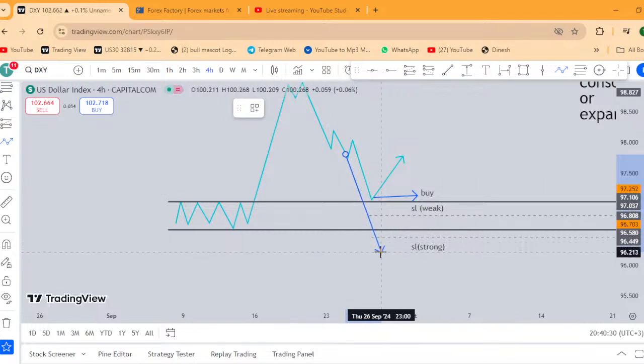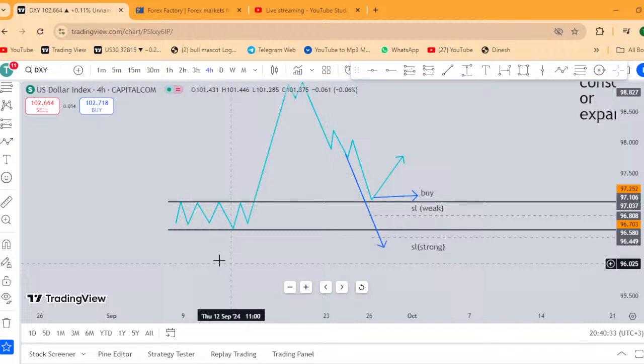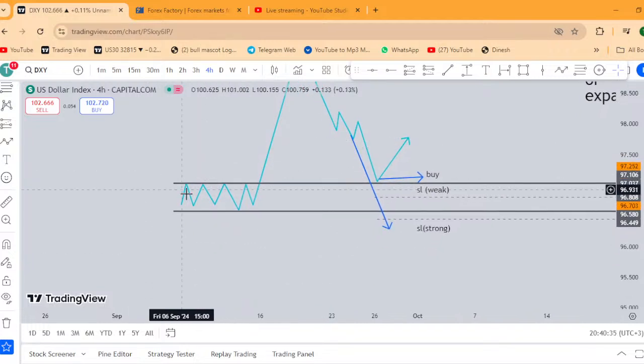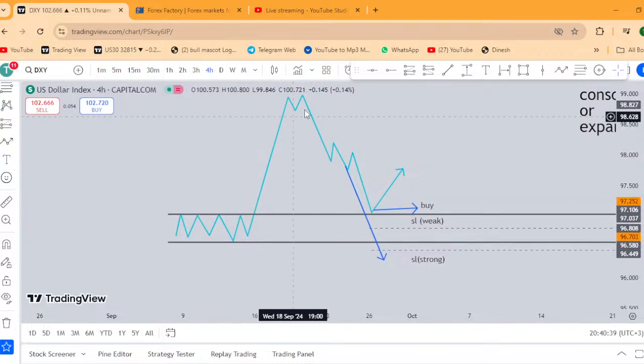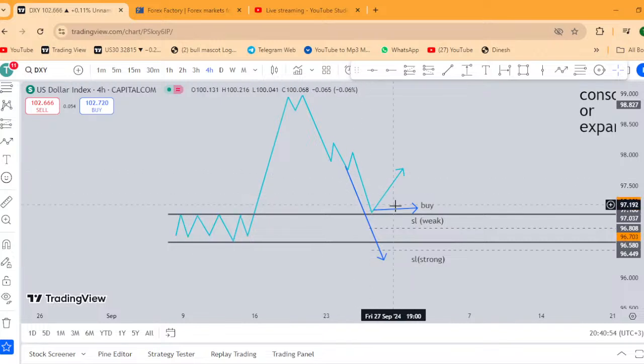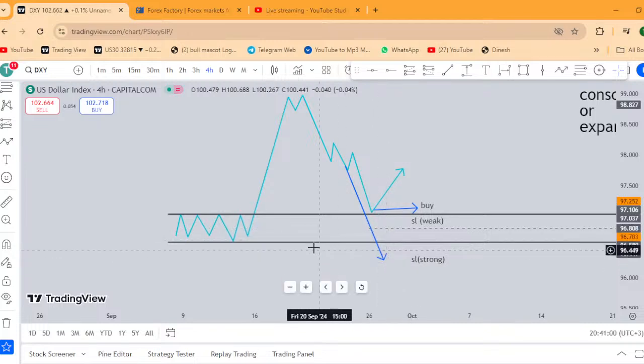If this stop loss is hit, remember we had a battle previously of buyers and sellers, meaning buyers won, the buys took over. Then sellers started pushing down so they come and pick up this momentum. But sellers have come with a strong momentum, breaking all this zone, hitting the middle stop loss or the weak stop loss, even breaking the entire zone.